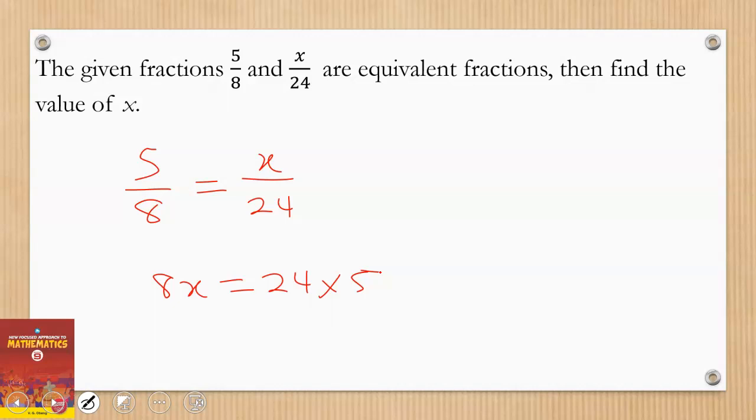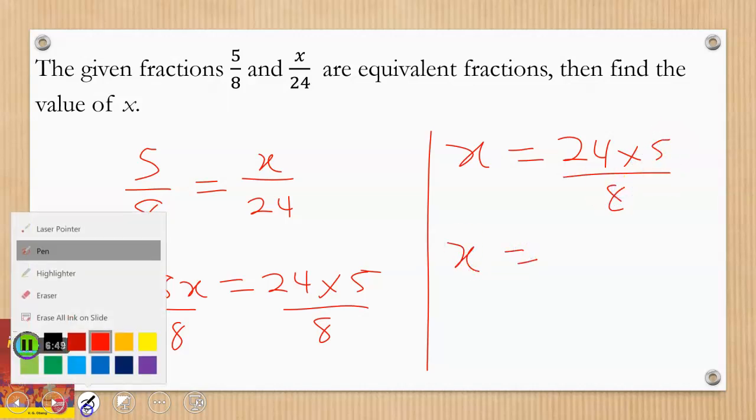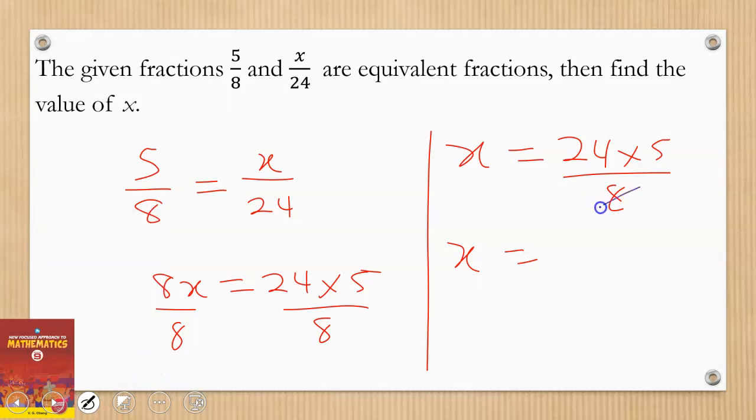I could write the multiplication as 120, but I don't want to write the huge value because I know I'm going to divide by 8 anyway. So x equals 24 times 5 divided by 8. But I know that 8 can divide itself 1 and can divide 24 as 3. So we have 3 times 5, which gives us 15.